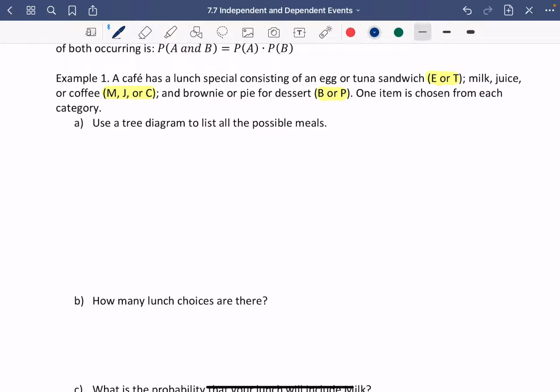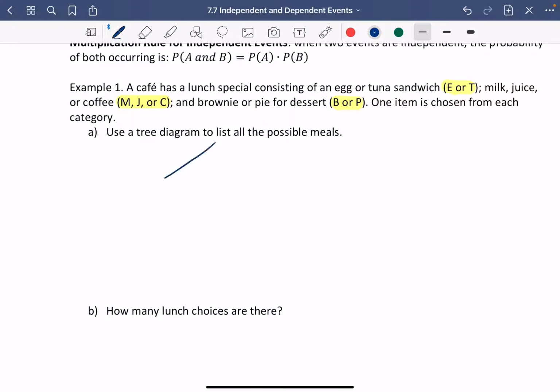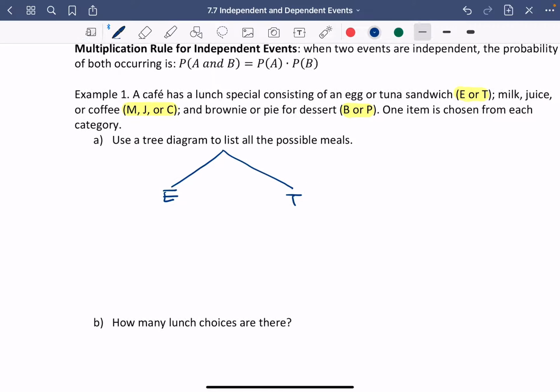So first of all, you're choosing a sandwich. Well, you can either choose the egg sandwich or you can choose the tuna sandwich. That's the first thing you choose. Now the second thing you choose is the drink. If you choose the egg sandwich, you can choose 3 drinks.